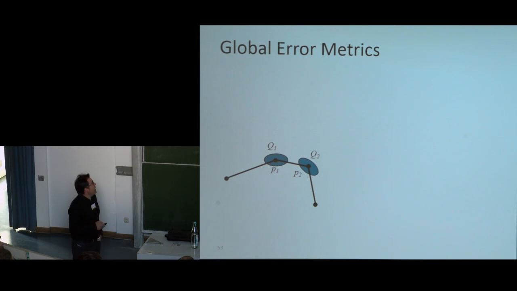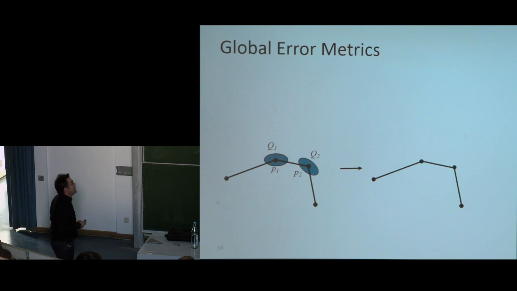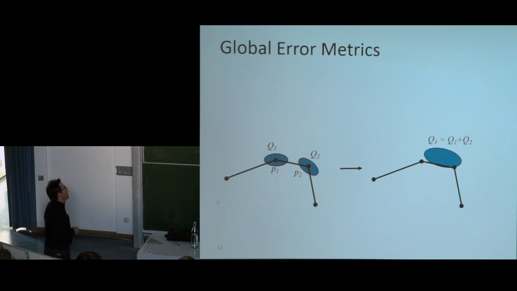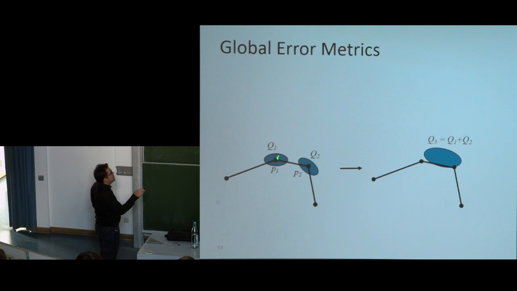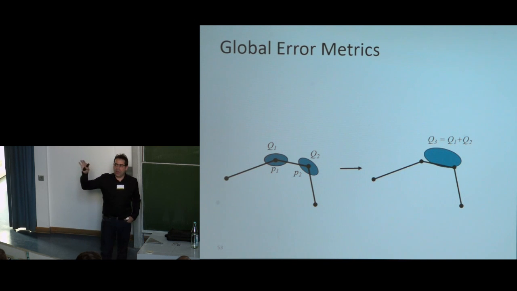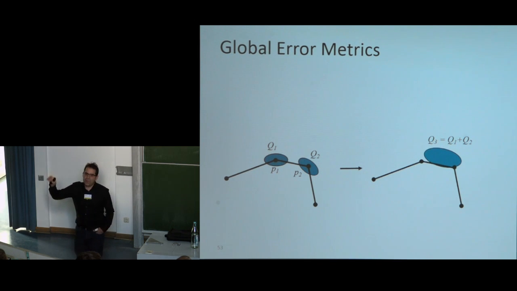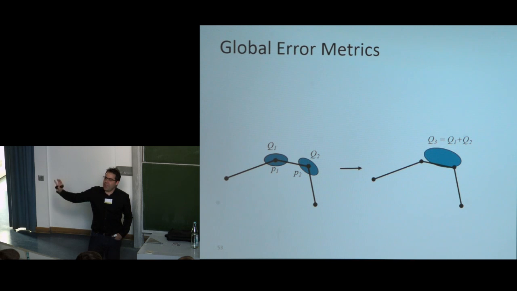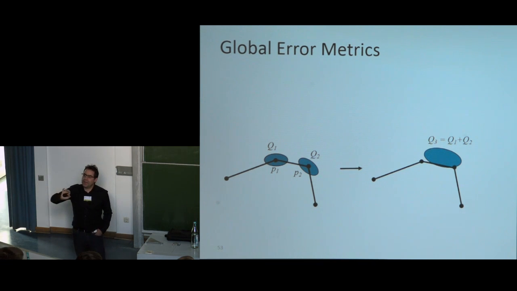Now, if you look at this error metric again, here I come back to the quadratic error metric. Suppose you have this vertex P1, with its own quadratic error metric attached to it. Remember this quadratic metric that I presented before, this ellipse is supposed to depict the iso-level of the error.